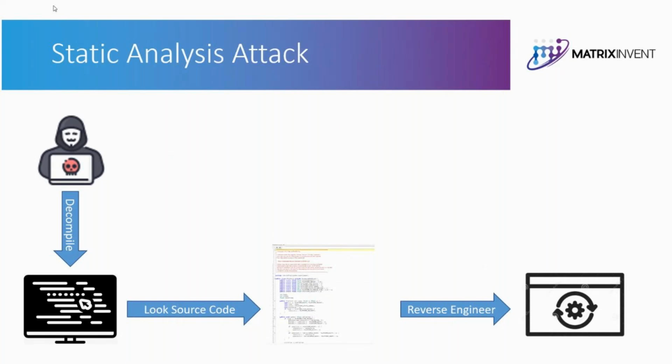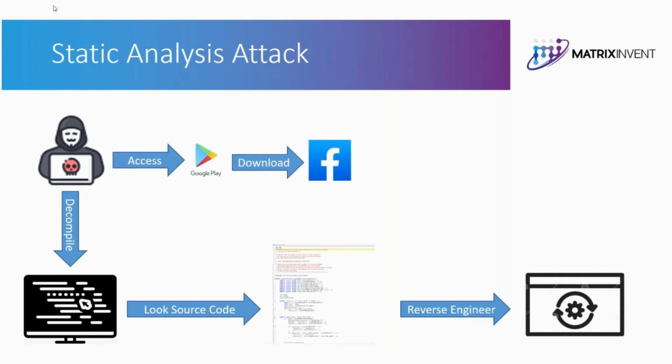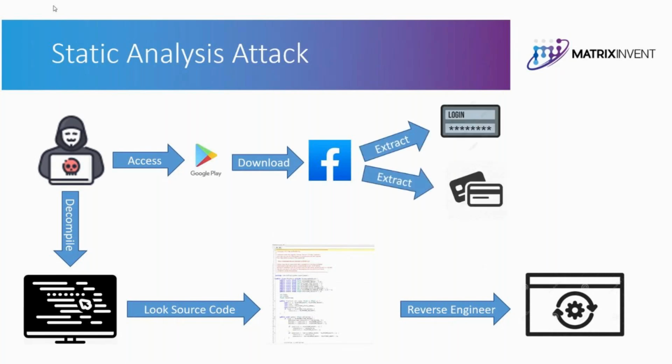For example, the attacker downloads the Facebook app from Google Play Store, and they may look into the source code and find a vulnerability. So if the attacker finds the vulnerability, they may insert malware or even launch an attack to extract sensitive information such as the user's email and password, or even credit card information.